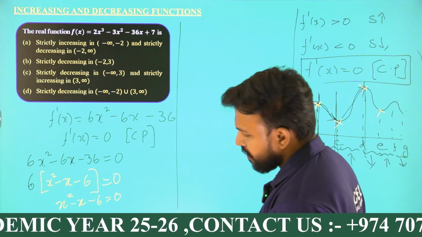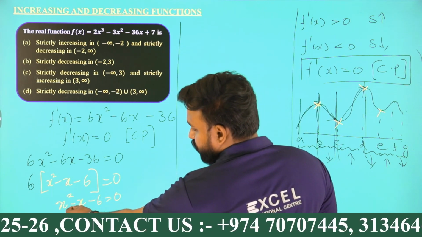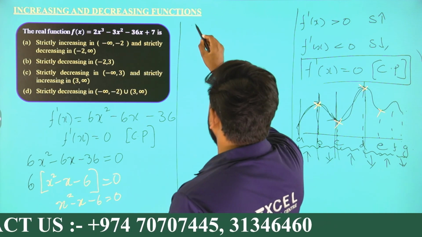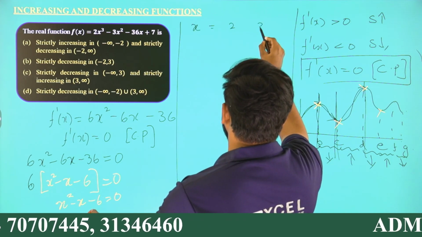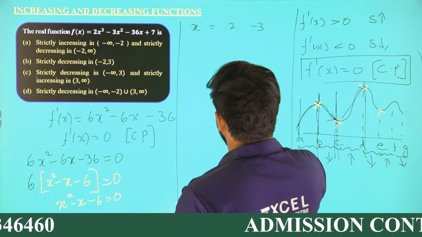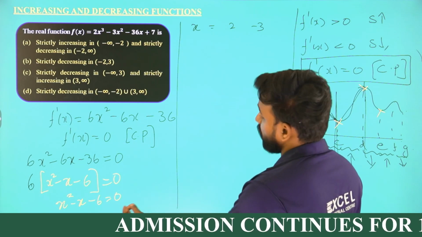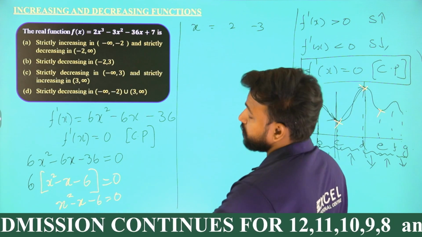So listen, the difference between two numbers is minus 1 and when multiplied together, you have to get minus 6. When you multiply 2 and 3, you will get 6. So if this is negative 3, if you multiply 2 and negative 3, you will get minus 6, and minus 3 plus 2 is minus 1.